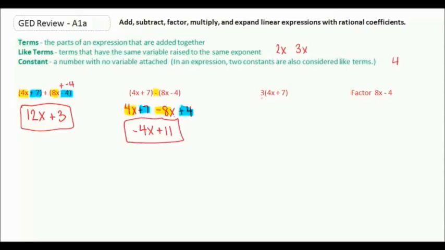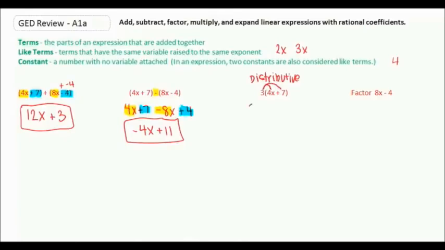Okay, here we have an expression on the inside multiplied by a whole number on the outside. This is what's called the distributive property. We need to take this number on the outside and multiply it by both things on the inside.